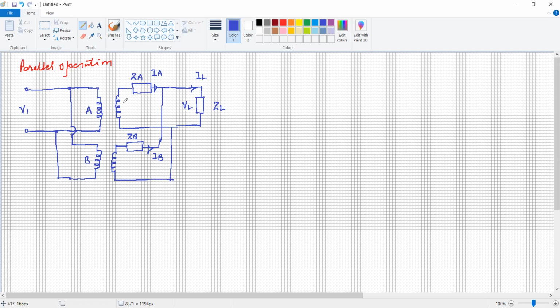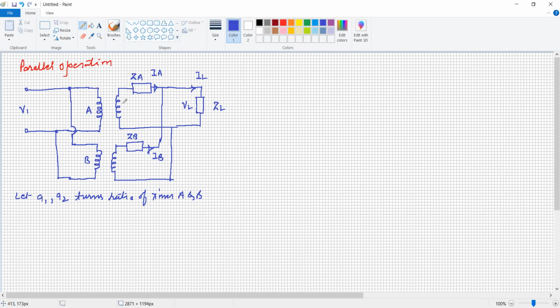So the ratio of the two transformers is the same, and A is the turns ratio. Now let me write A1, A2 as the turns ratio of transformers A and B respectively.